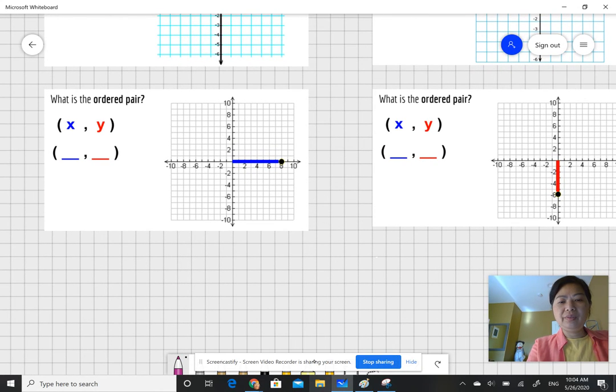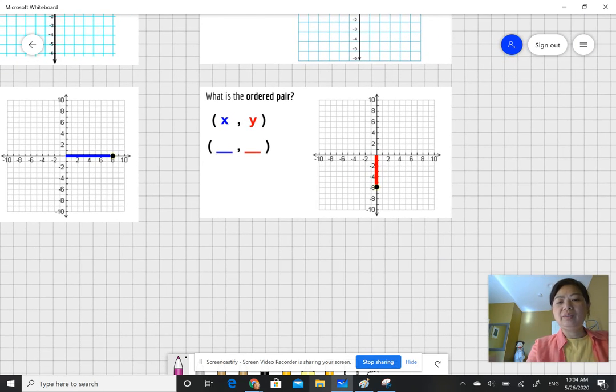And then the black dot here is lying on the x-axis, right? Whenever a point lies on the x-axis, it has the y coordinate as 0. The x coordinate is 8, so it would be 8, 0. So any point on the x-axis has the y coordinate as 0, right?